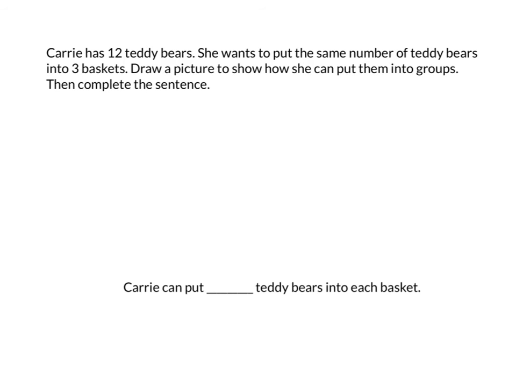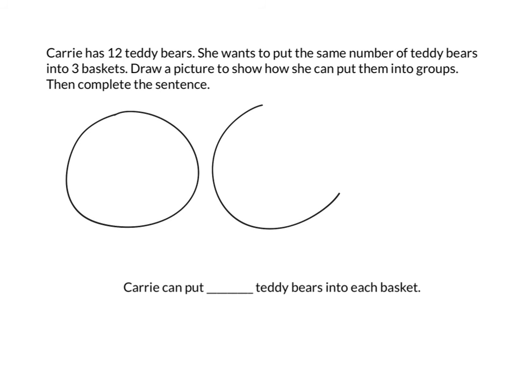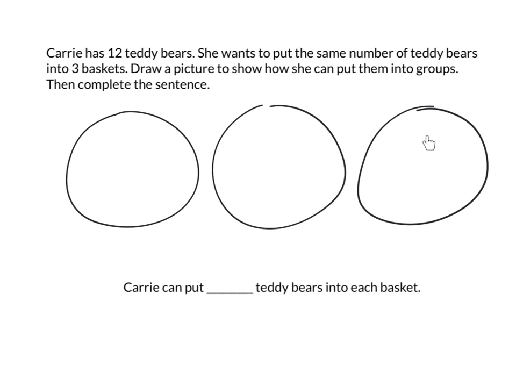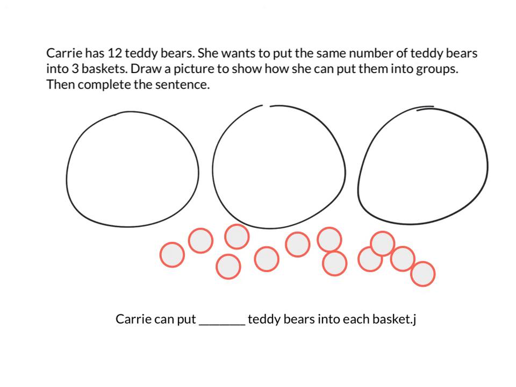So let's say I drew 3 big circles. 1, 2, 3. Okay. And then I have to move 12 teddy bears equally into these 3 baskets. So I'm just going to do little dots or circles just because 1, it's hard to draw teddy bears, and 2, we don't want to spend that much time.